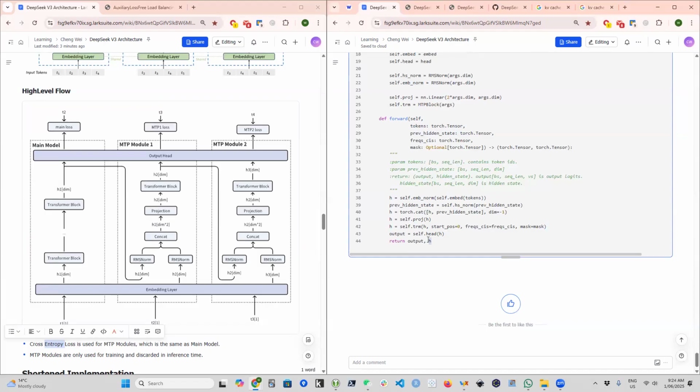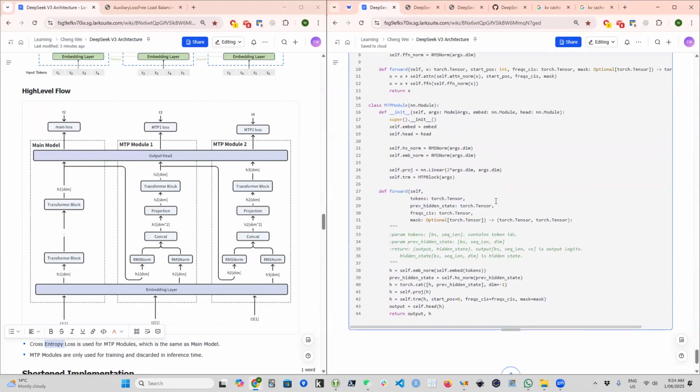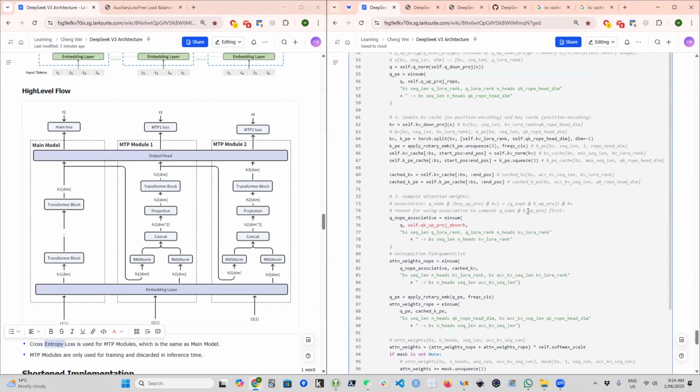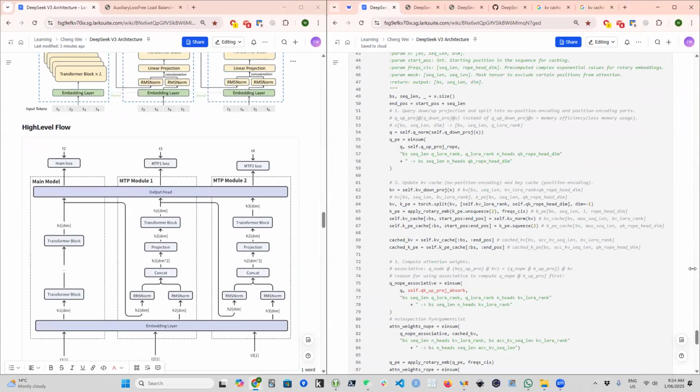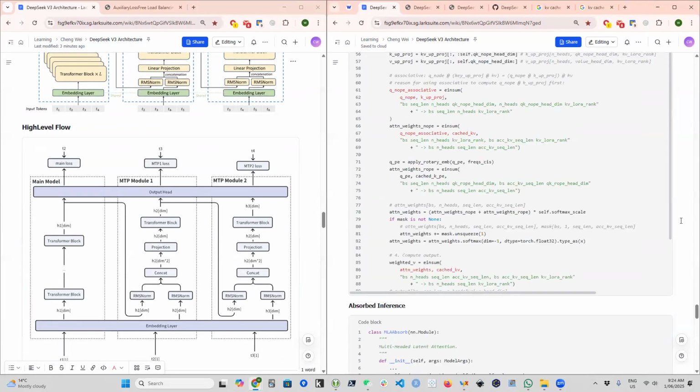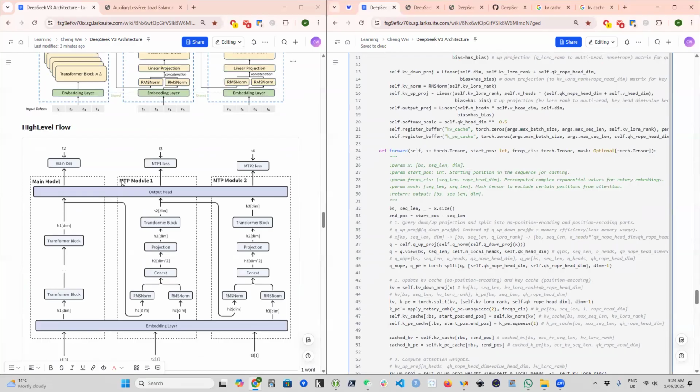So we have hidden state and output, right? Okay, so this is the one-to-one mapping to the diagram. Then I think we go to the transformer part to understand how we use this multi-token prediction module.